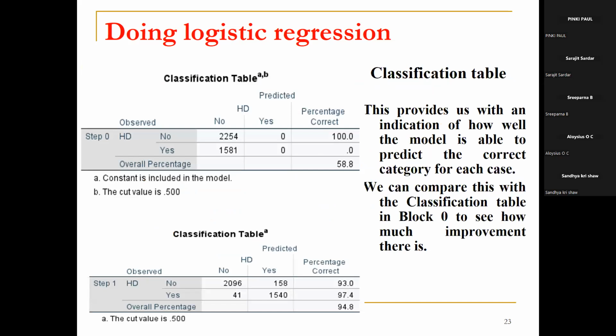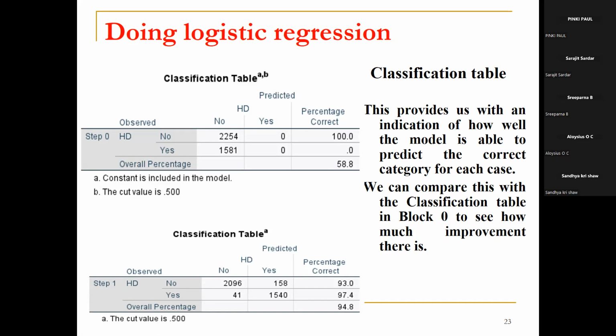Next, the classification table. You see that in our block 0 classification table, the accuracy was 58.8. But after adding all our independent variables, the classification rate is now more than 90%.